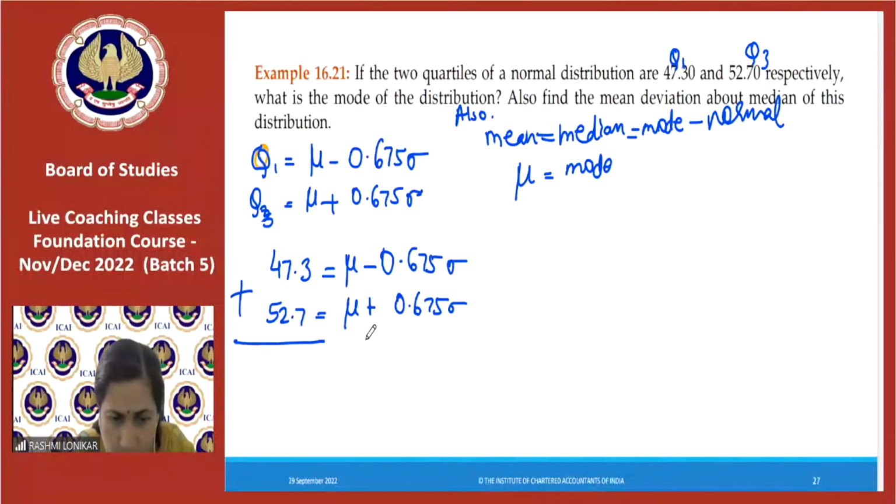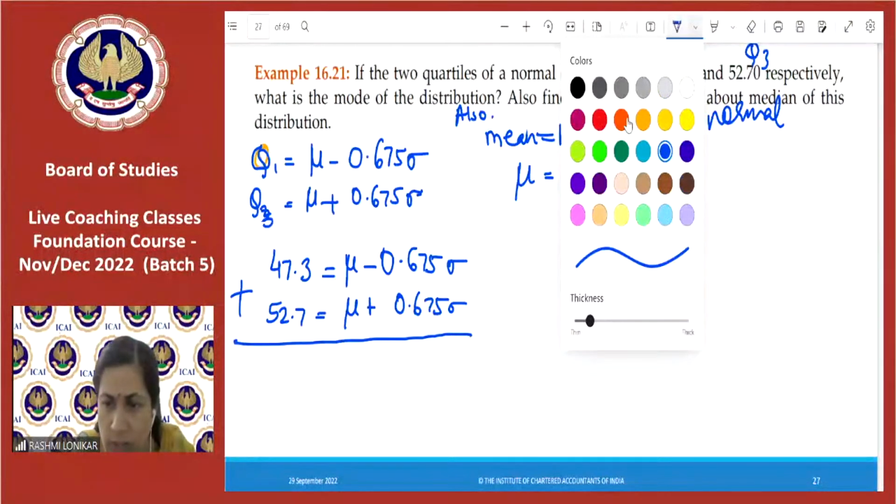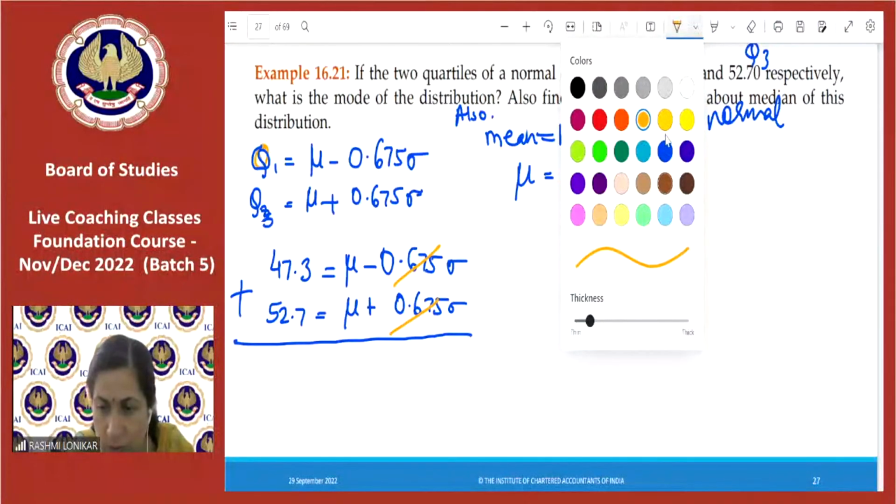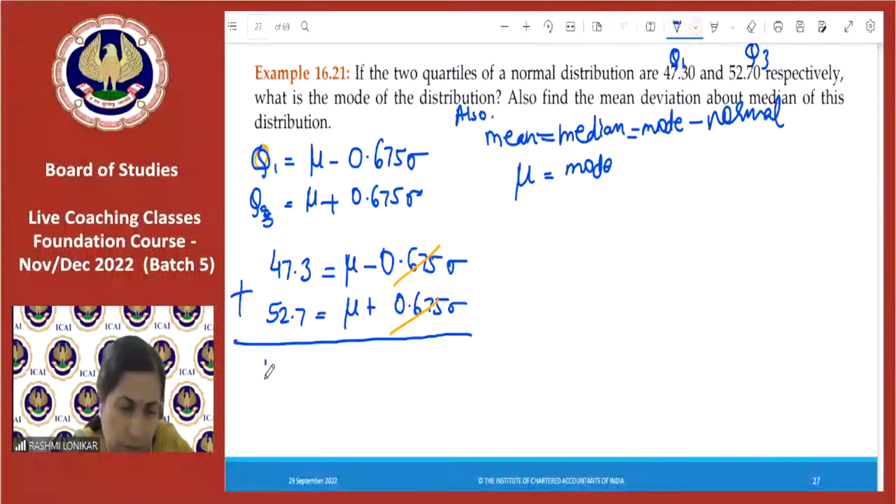Adding the two equations, what will happen? Minus 0.675 sigma and plus 0.675 sigma will cancel out. So what will I be left with? 47.3 plus 52.7, that is 100, is equal to 2 mu.